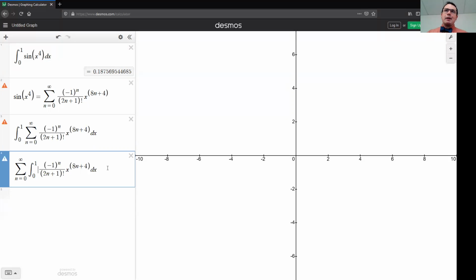Now, this is a very nice thing to do because I actually know how to compute integrals of powers of x. For expressions like this, I'm working my way from inside to out.